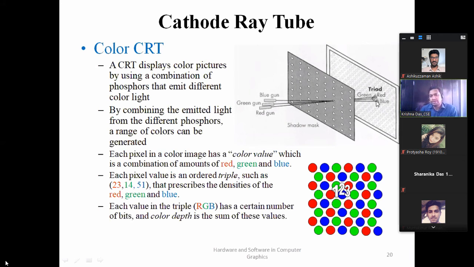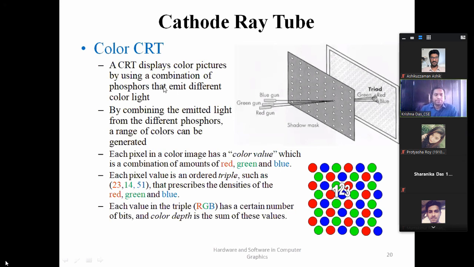You see those red, green, and blue dots, and in this diagram as well, they create a triangle shape. That's why it's called the triad. Okay, triad comes from triangle. So the value for the green will give the intensity when it falls on that green spot, same as on the red or the blue.